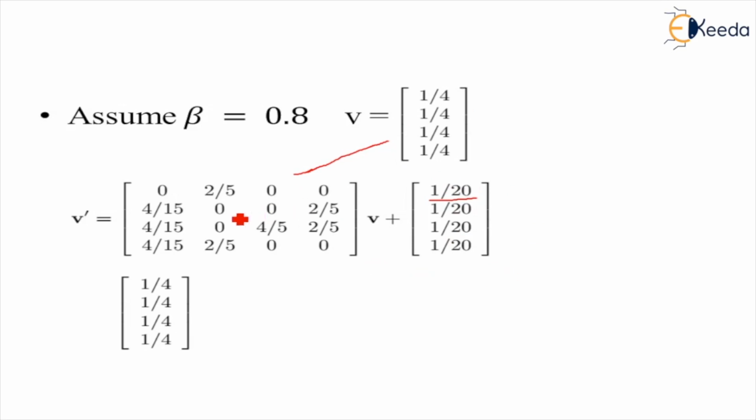We know that multiplication between this matrix and the V matrix gives again a columnar matrix with 4 rows and 1 column, and this one also has the same dimension, so we can add it very easily. We'll get a result as 9/60, 13/60, 25/60 and 13/60.